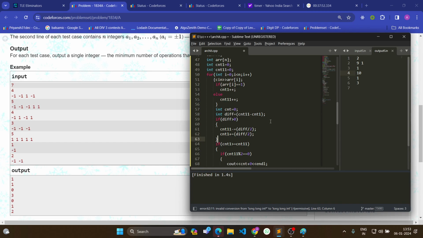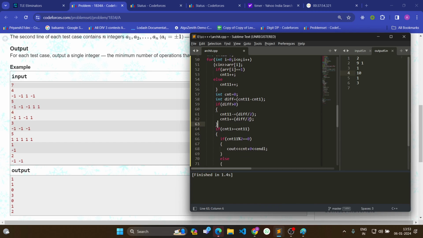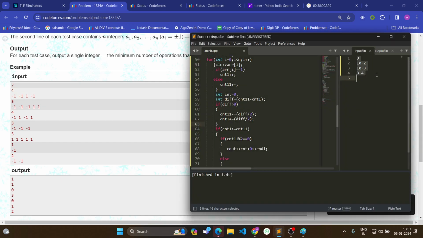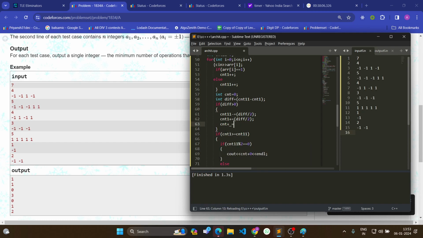Okay. Now the count of 1 will always become greater than count of negative ones, and the count plus will be equal to the difference.